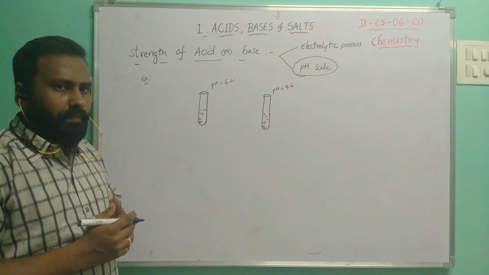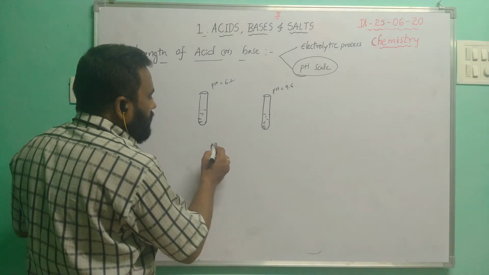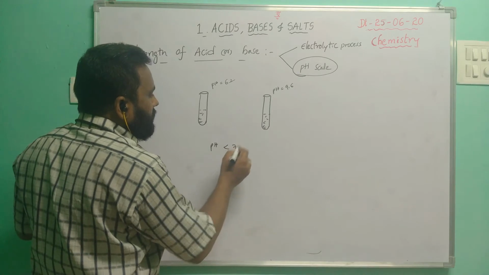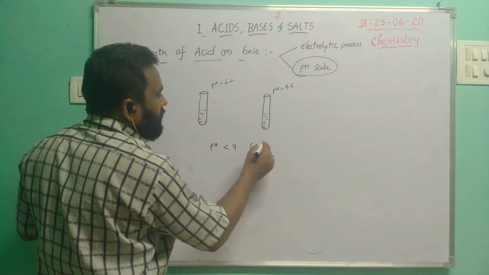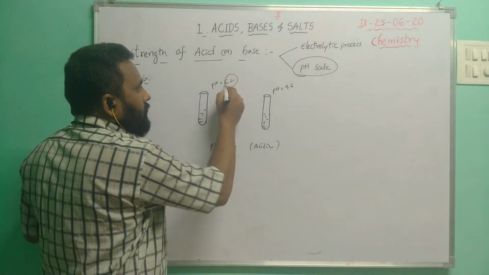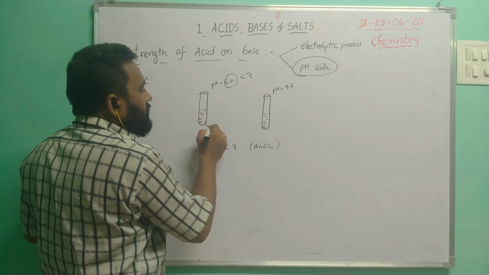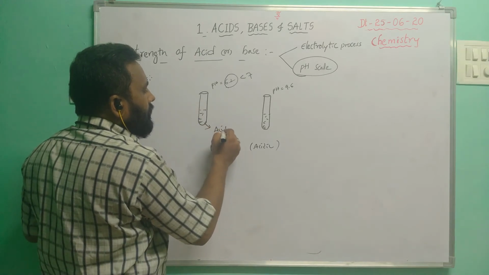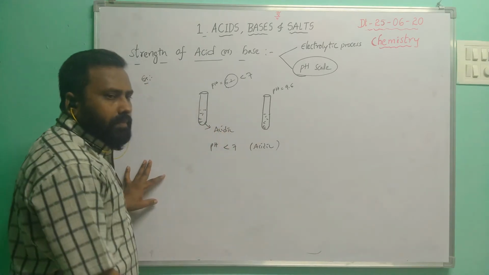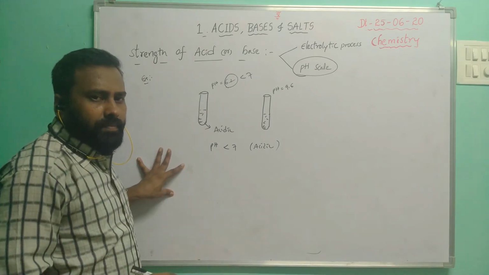We know pH less than 7 means acidic. Here 6.2 is less than 7, so it is acidic in nature. Blue litmus turns to red in acidic medium.